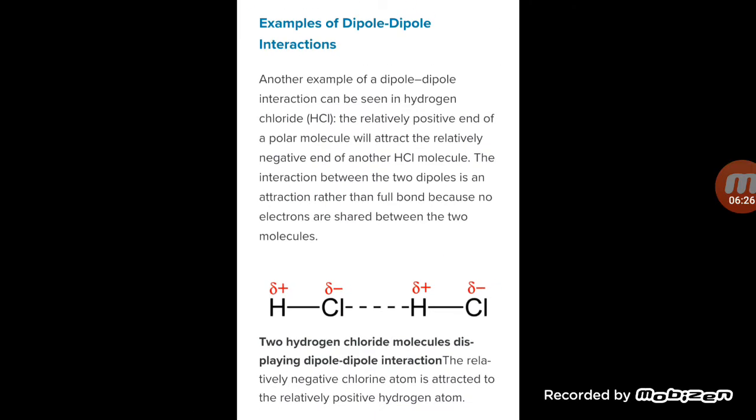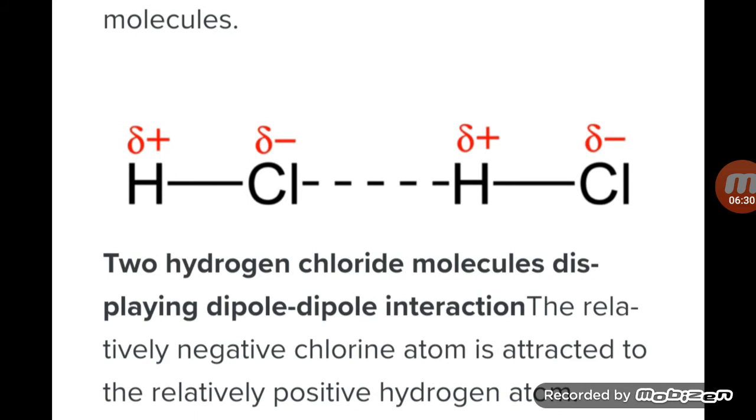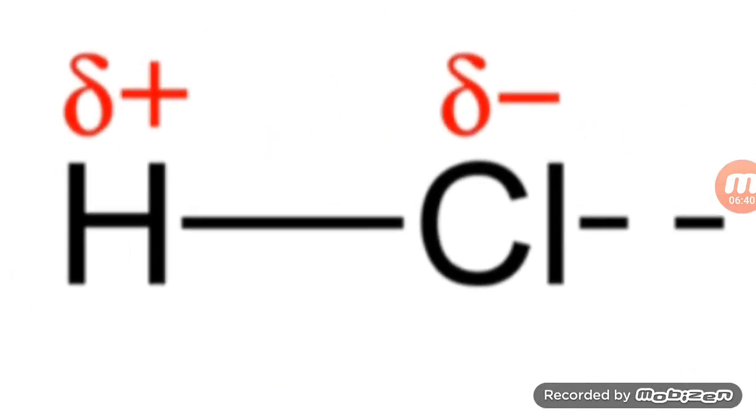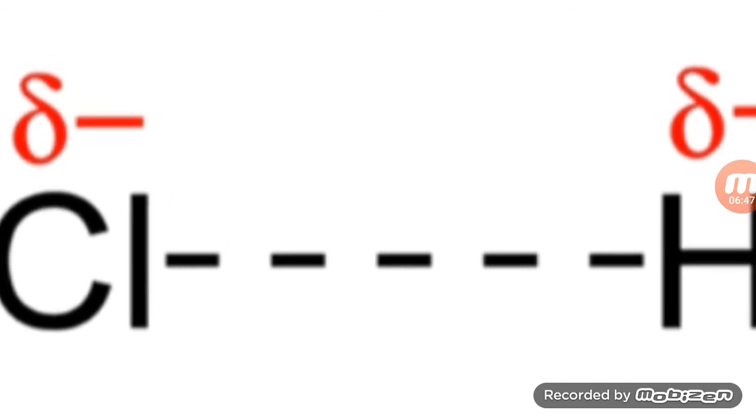Let's check some examples of dipole-dipole interaction. This is HCl. We know that there is a difference of electronegativity between hydrogen and chlorine, so a dipole is created. When a dipole is created, a dipole force will also be created between the two molecules.